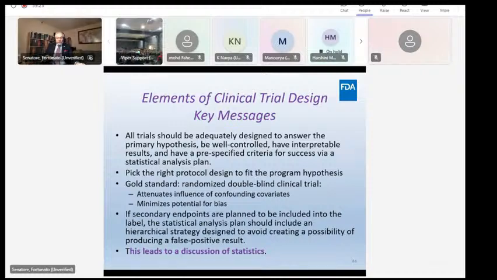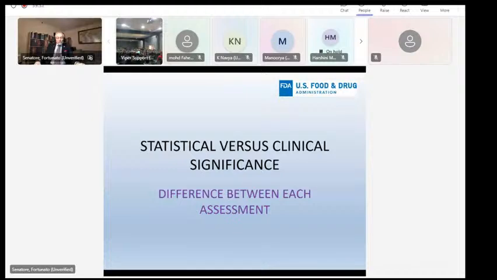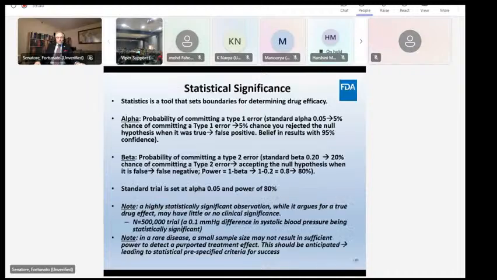Now, this leads to a discussion of statistics. So I'm going to turn to statistics. What is statistical versus clinical significance? And what is the difference between each assessment? Let me start off by saying that statistics is a tool that sets boundaries for determining efficacy. If you cross a line, you're no longer effective.